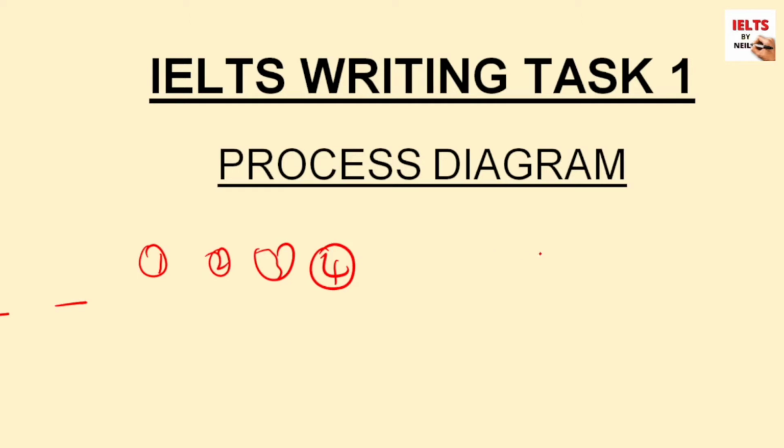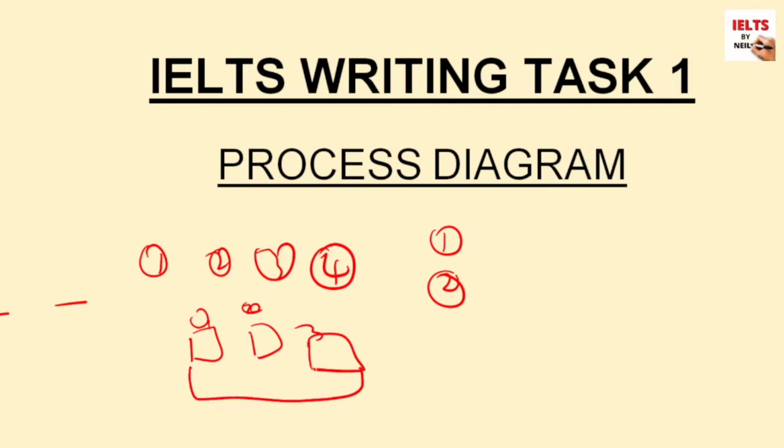So various steps are given for a process, and the process could be, let's take an example, how orange juice is made from fresh oranges, or how chocolate is made, or the steps about how any electronic appliance is made. The steps would be given in the form of a diagram, and you will have to explain the process.